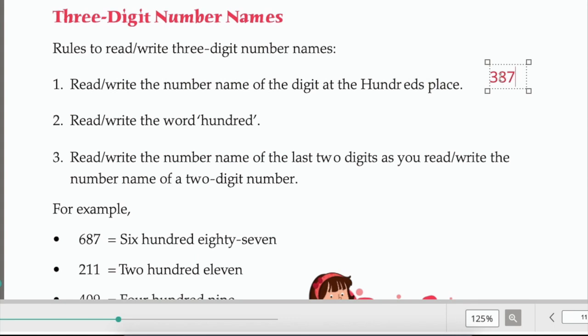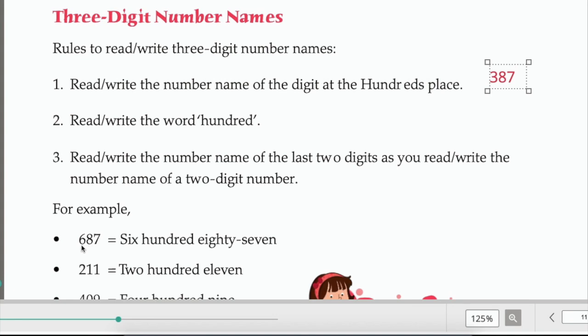So we have to write 87 in number names, that is EIGHTY SEVEN. So as per the rule, first we wrote THREE. As per the second rule, after 3 we wrote HUNDRED. After hundred we followed the third rule: the last two digits, that is tens and ones place, you have to read and write as the number name.